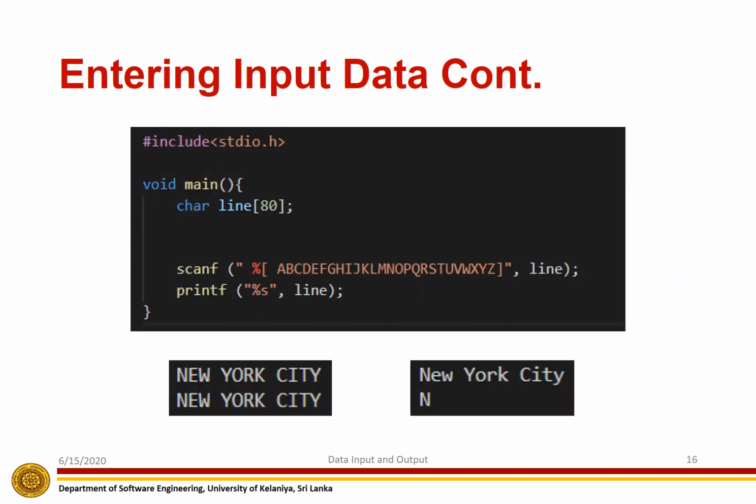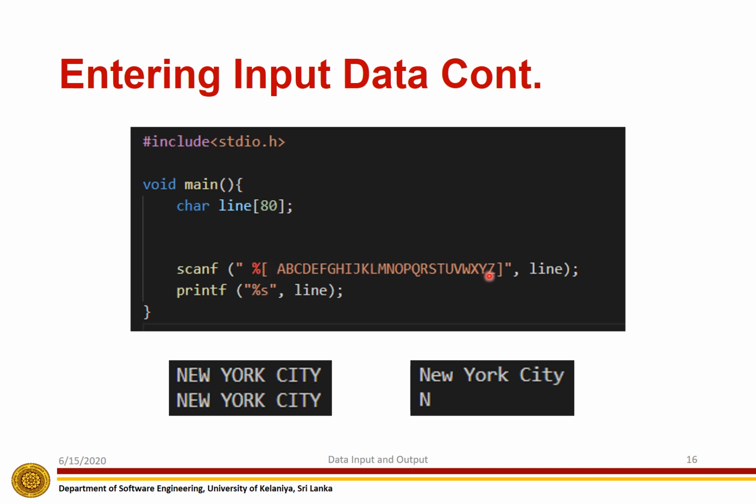So in here you can see, first I have declared a variable line. Actually that is an array with 80 characters. Char line inside of the square brackets 80. So it can include 80 characters. Then in the scanf function, I have replaced the percentage mark s with the percentage mark and square brackets.